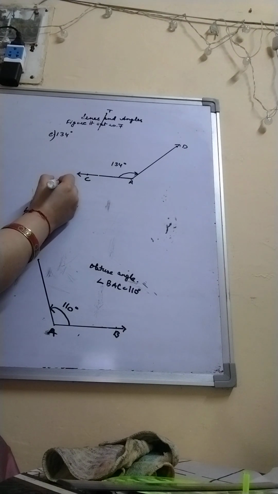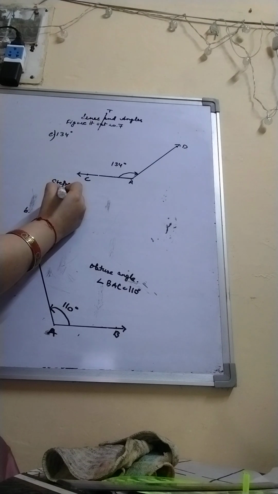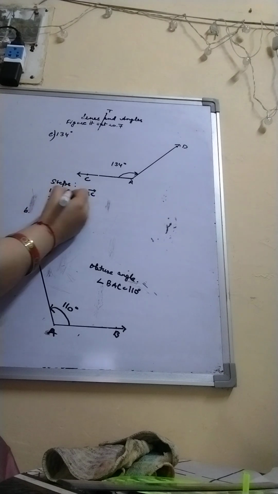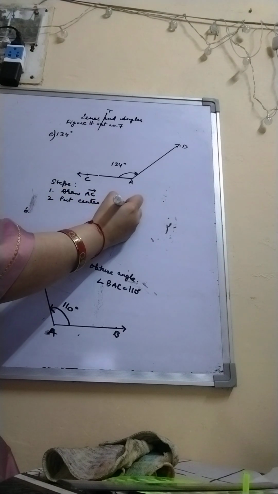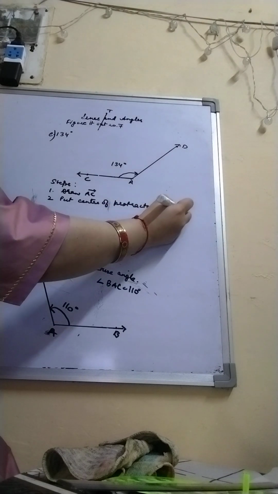Now steps. First step, draw AC. Second step, put center of protractor at A.